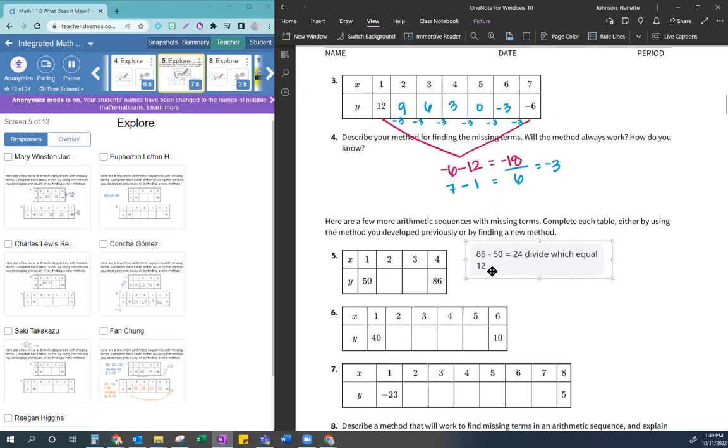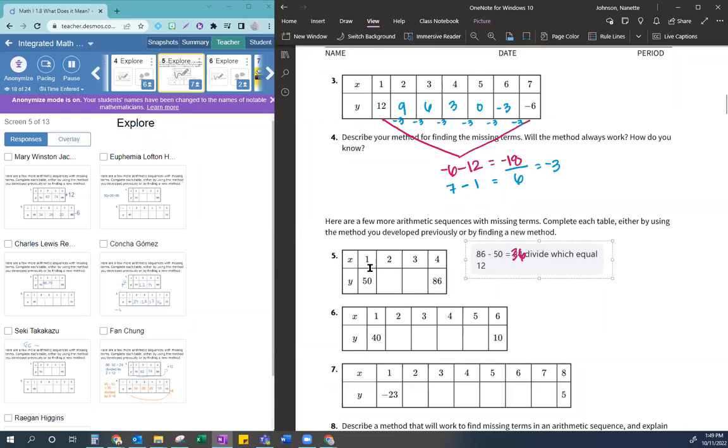So 86 minus 50 is 36. I got 36. So let's write 36 right on top of here. That's okay if we're wrong. And then we're gonna count how many spaces.